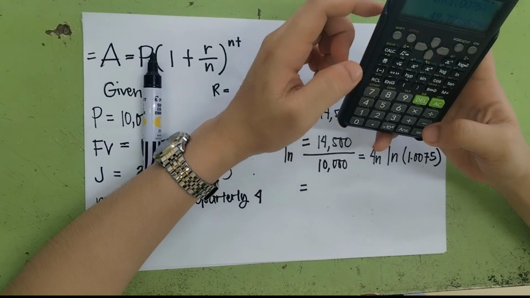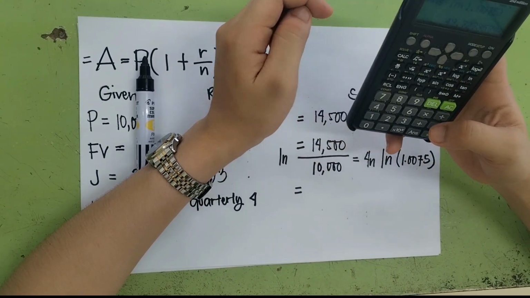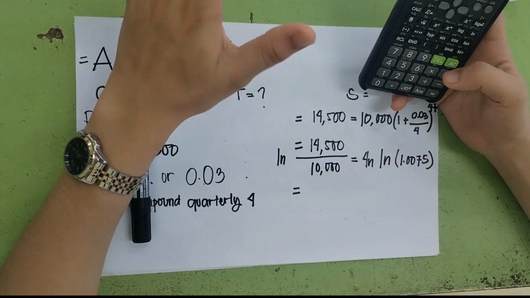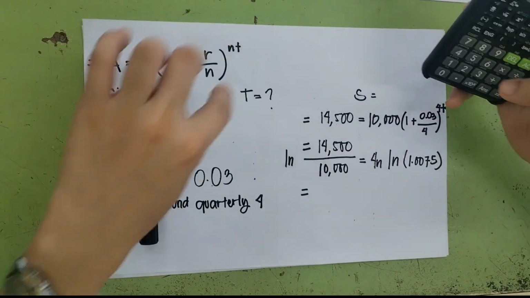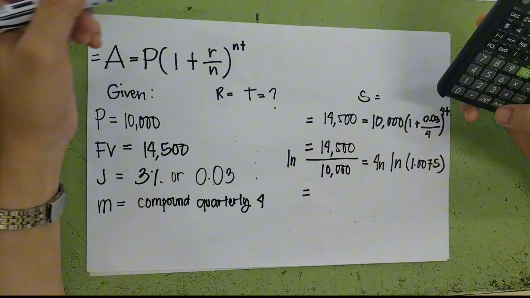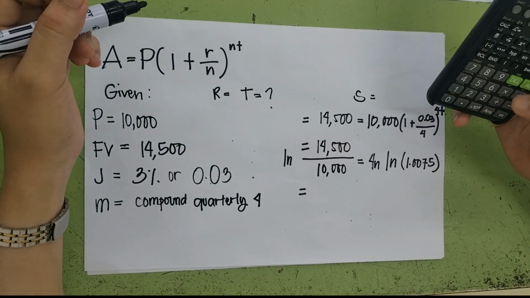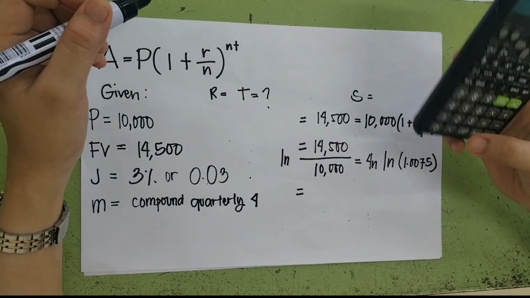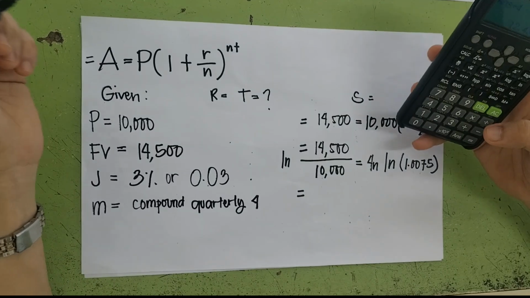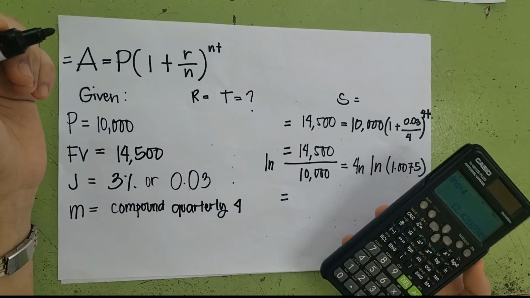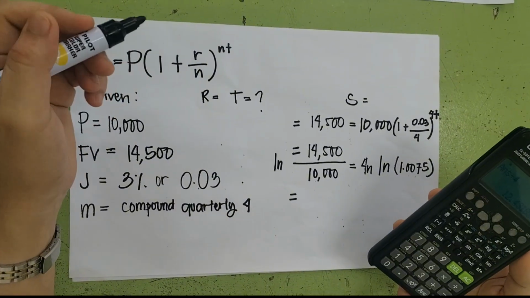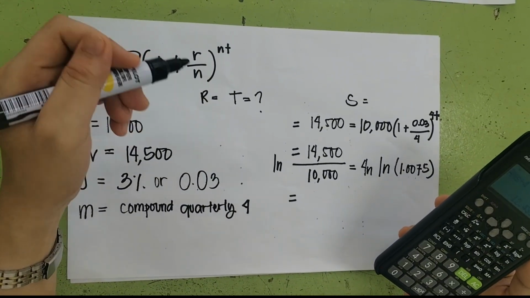We have 0.0074... After that, press the answer again and divide it by the compounding quarterly, which is 4. Then we have the answer 12.43183947. So in this part, we will have the rounding off.